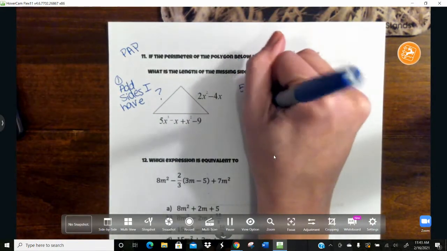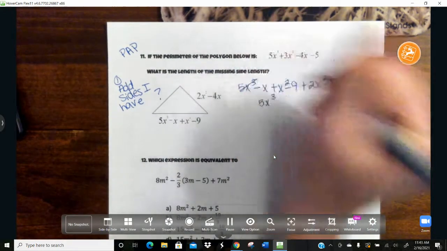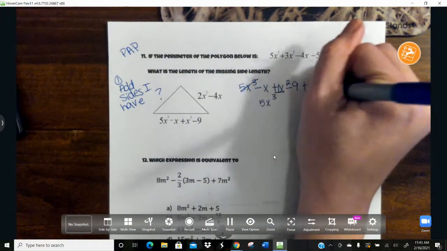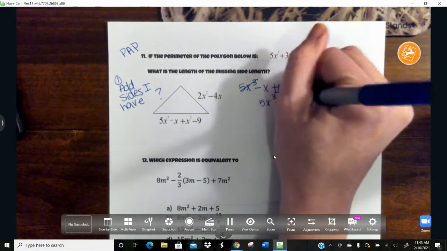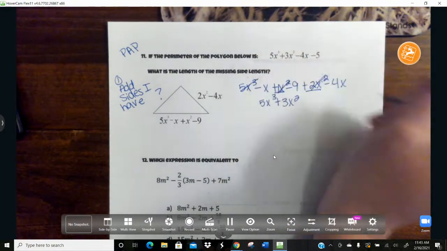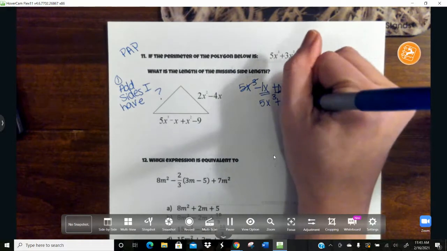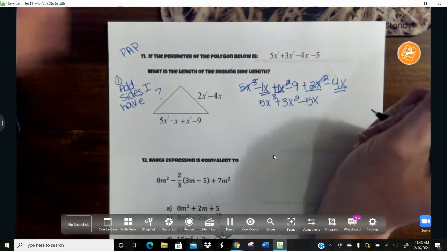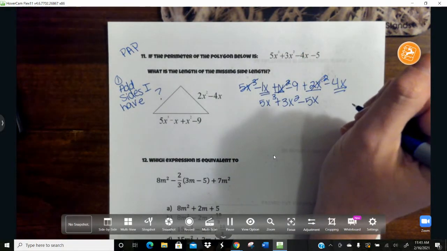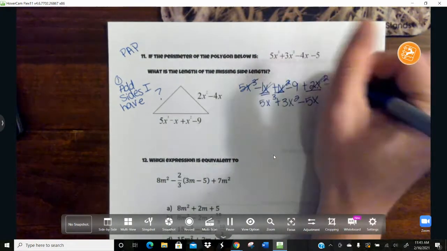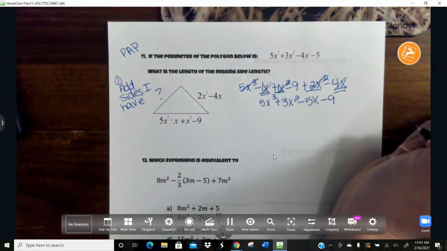So 5x^3, that's only x^3. Then I have a 1x squared and a 2x squared, so that's plus 3x squared. Then I have a negative 1x and a minus 4x, so that's going to be a minus 5x. Then I have that constant that's by itself, so minus 9.